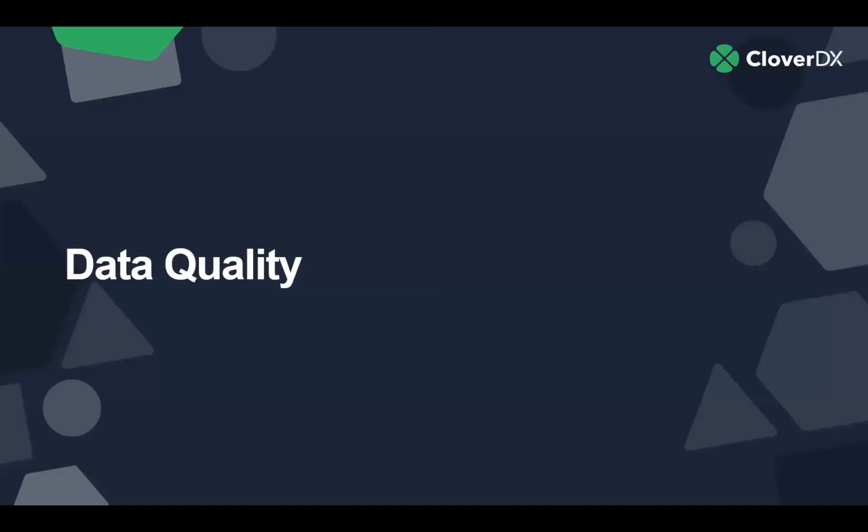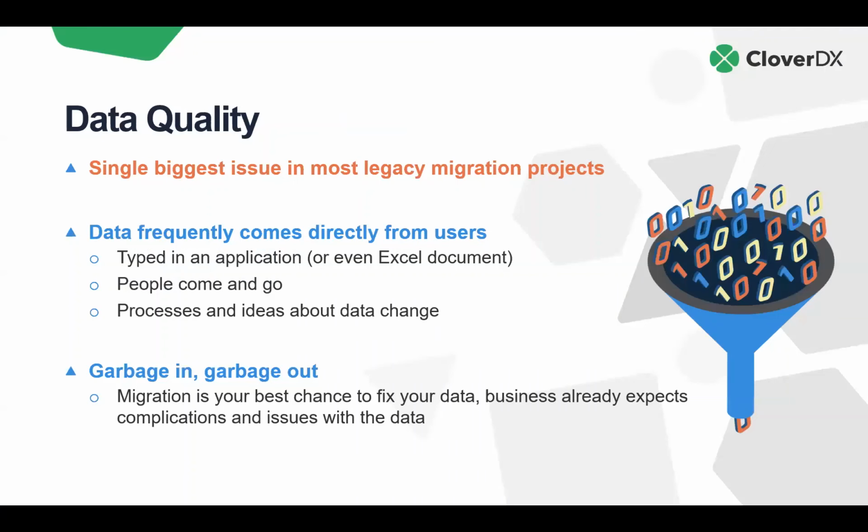Let's now talk a little bit about data quality. This is, from my experience, the single biggest issue in most legacy migration projects, or in general in many other kinds of projects, whether it's a migration or data integration. The reason for that, especially for the legacy migration, is data frequently comes directly from users, especially if it's something that's been running for a while.